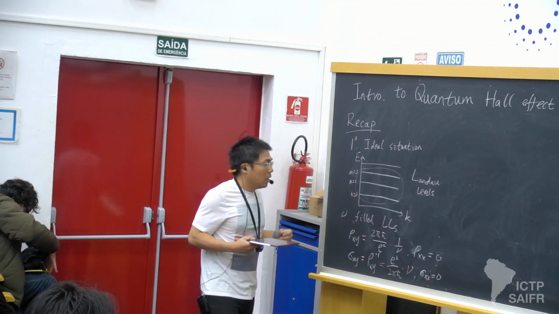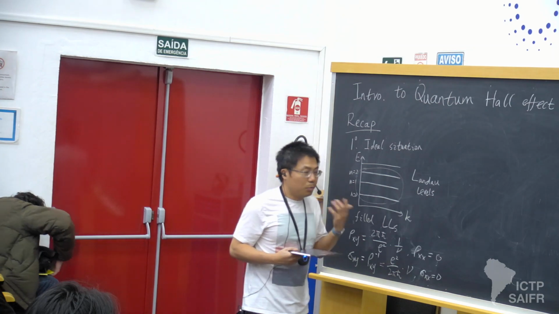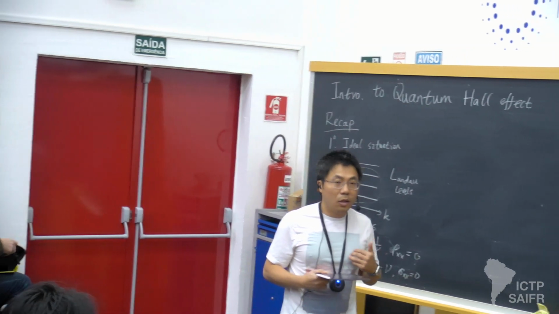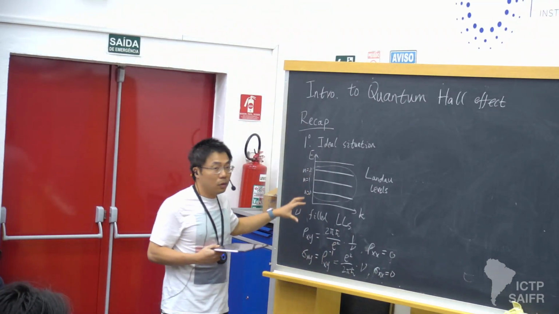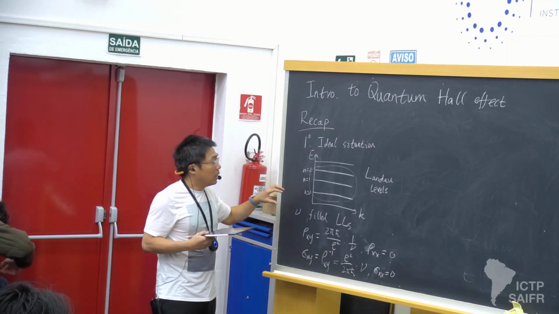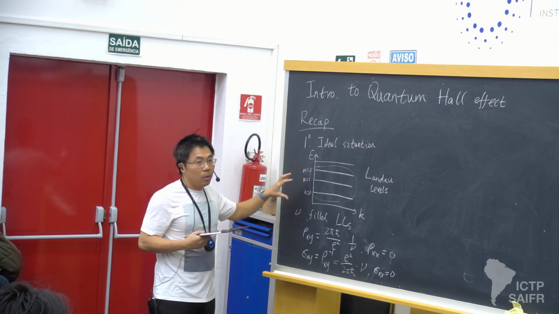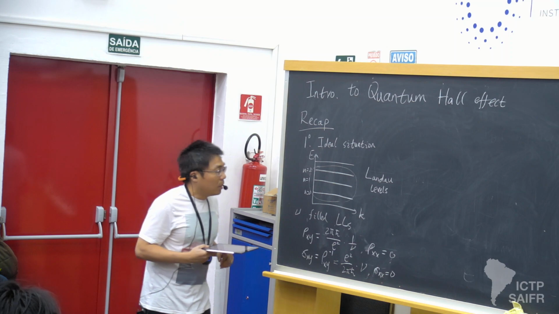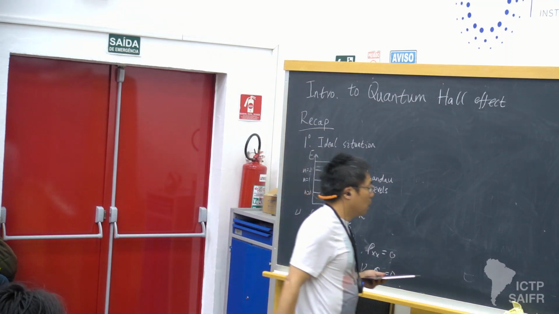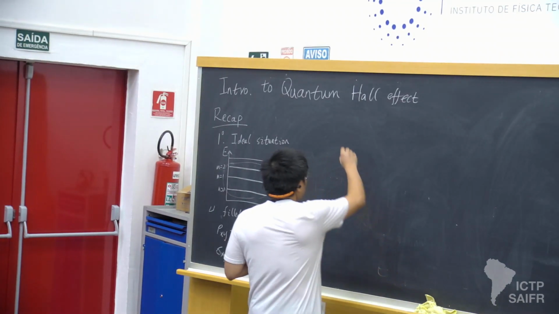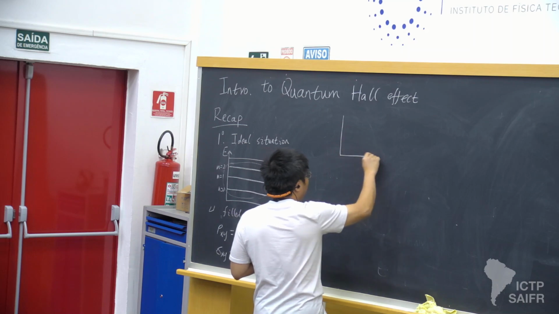It's actually telling us that the experimental observation of the quantum Hall effect is related to Landau levels, in particular that we fill an integer number of Landau levels, right? But it doesn't really explain the experimental observation that we have plateaus.